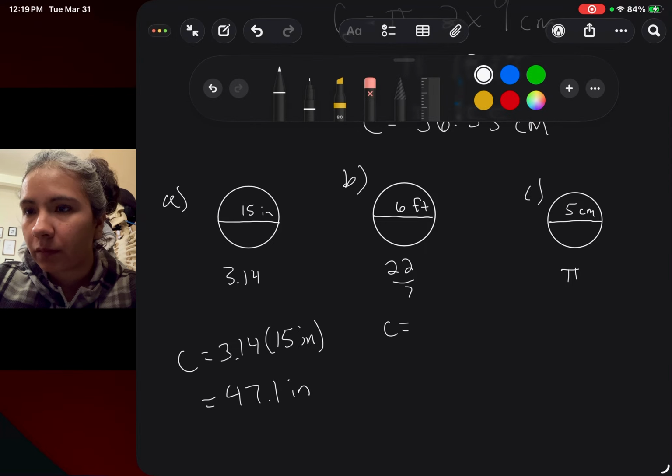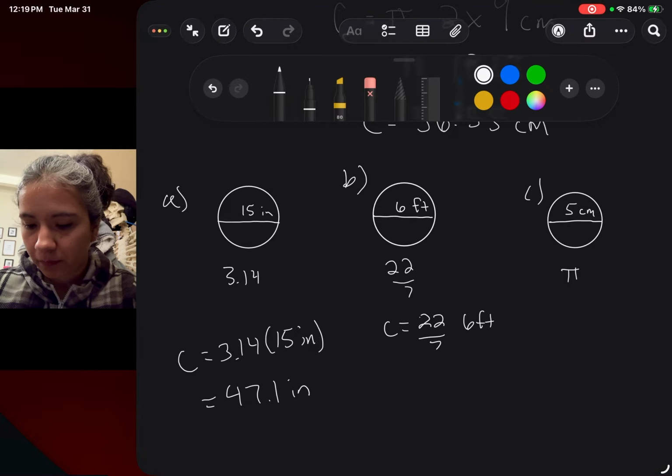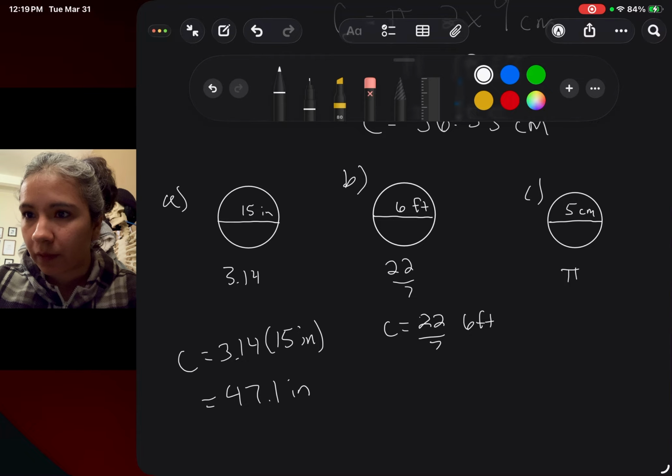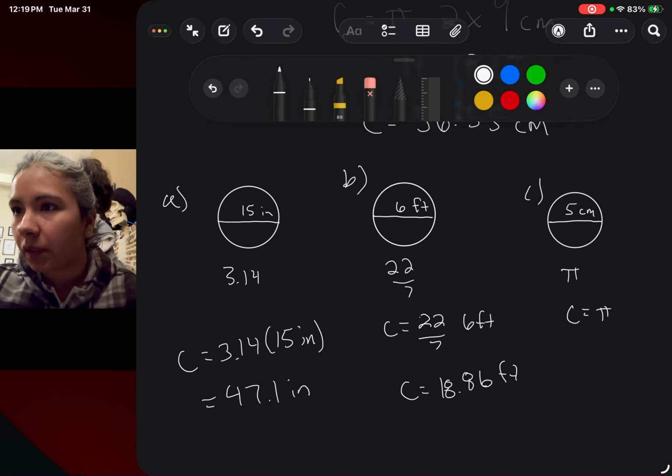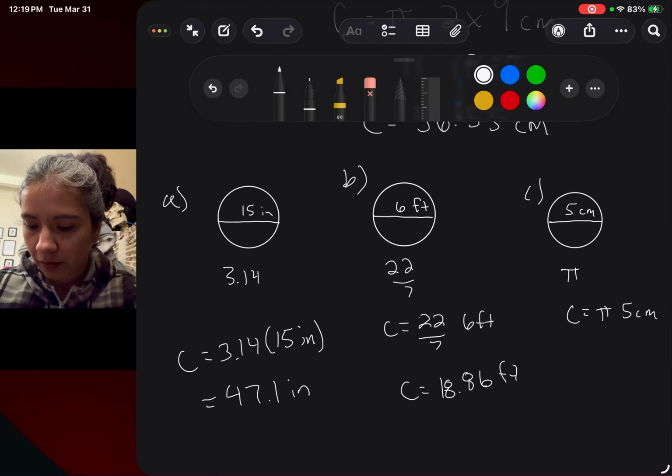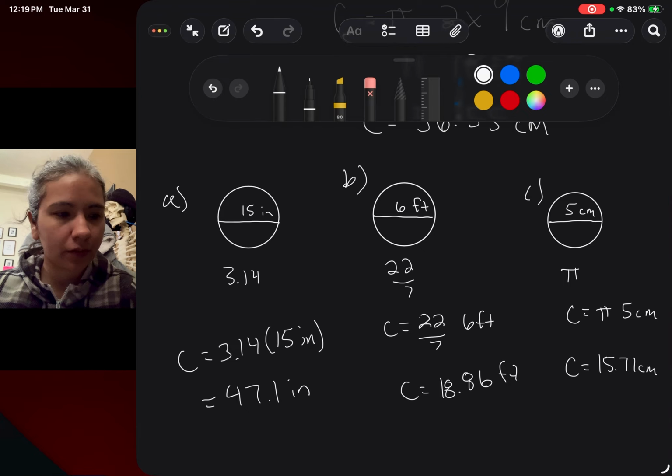This one is 22/7 times 6 feet, which gives us 18.86 feet. And this one is pi times 5 centimeters, which gives us 15.71 centimeters.